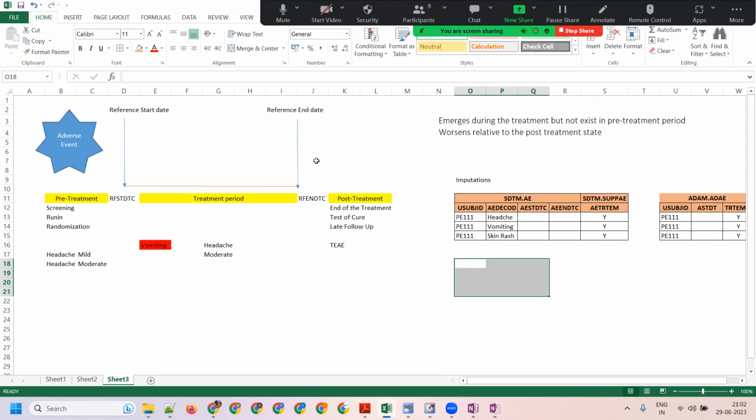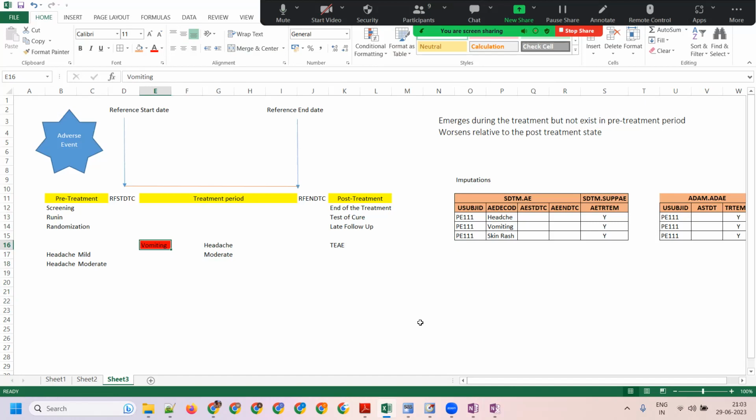Sir, here vomiting is not considered as treatment emergent. Why, sir? Here, when you have given the reference period... Oh, no, don't relate these two. This is an example. These two are not related. No, sir. You are asking a question like vomiting as an example, whether it is a treatment emergent AE or not.